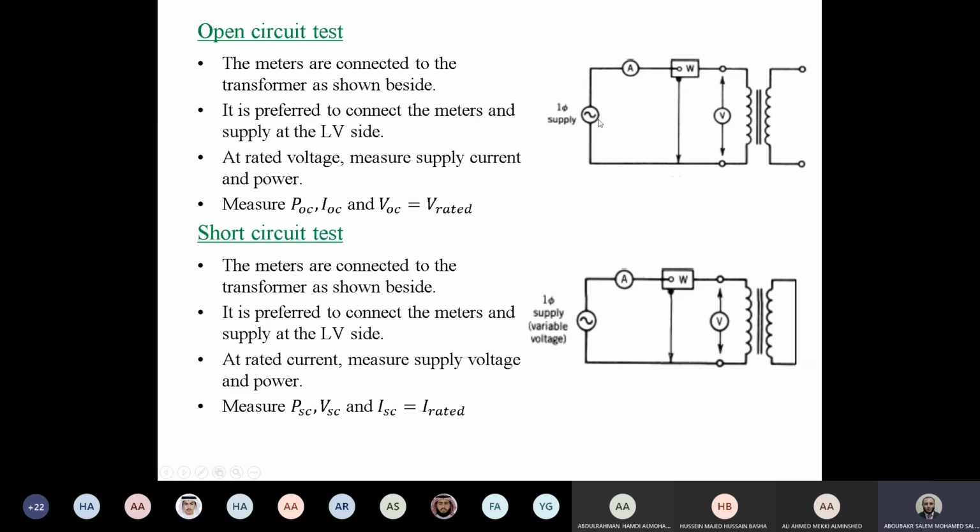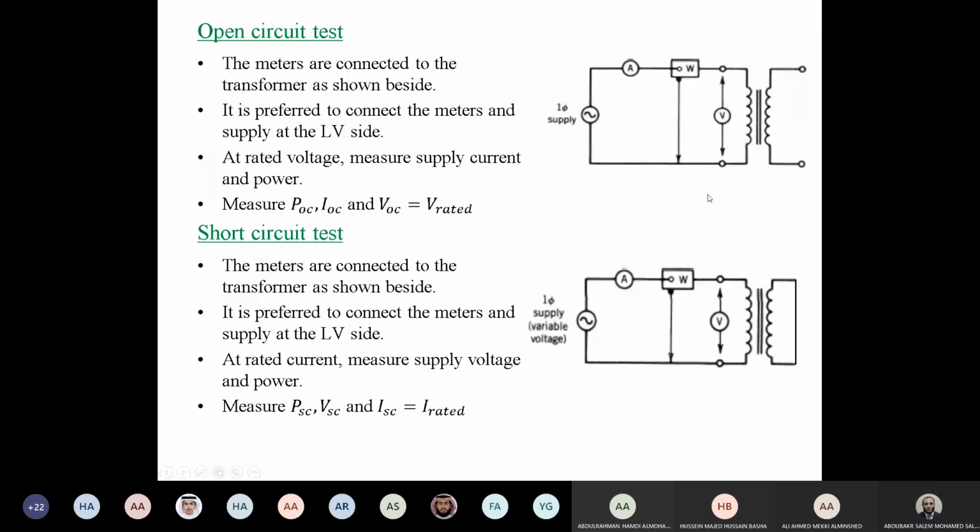We can add a voltmeter or supply voltage with known value, ammeter and wattmeter, where the voltmeter is measuring the voltage here, and we keep the transformer here as open circuit. This test is preferred to be made while the voltage is the rated voltage of the transformer.